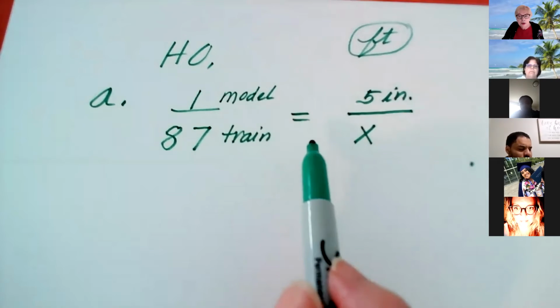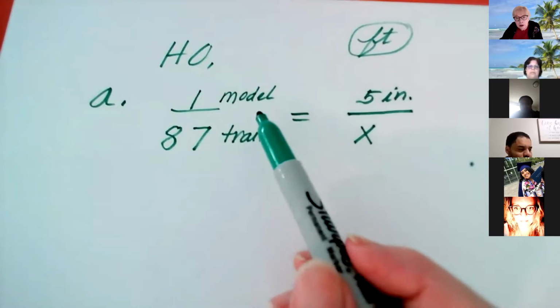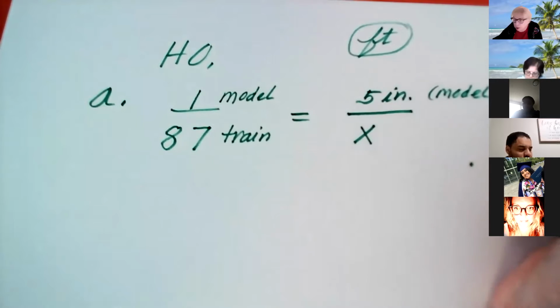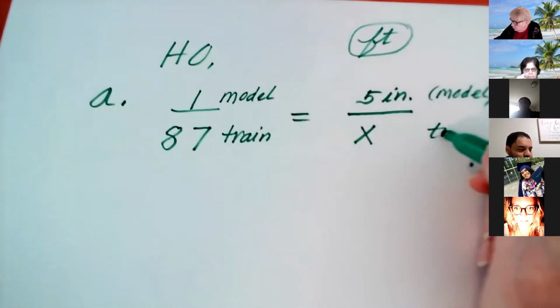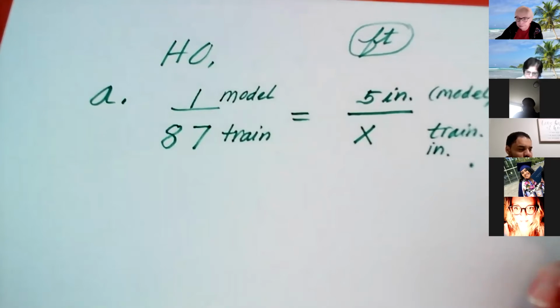I'm going to proceed to do this problem in this way. So this is correctly set up. This is the model. Obviously, a real train would not be 5 inches. Everybody satisfied with that? And this would be the real train, but it's going to be in inches.